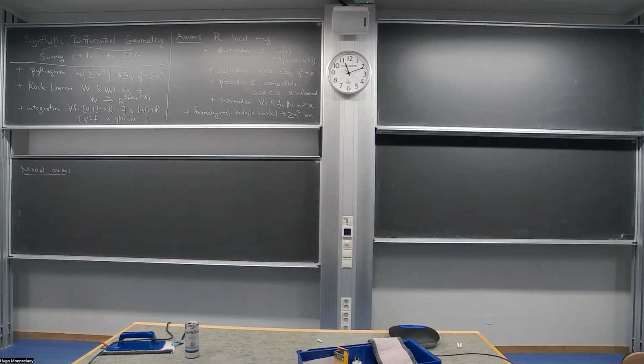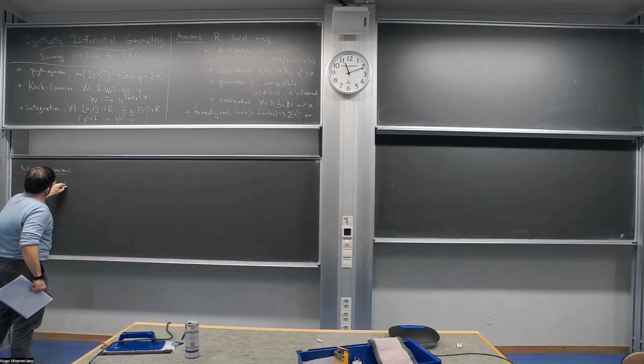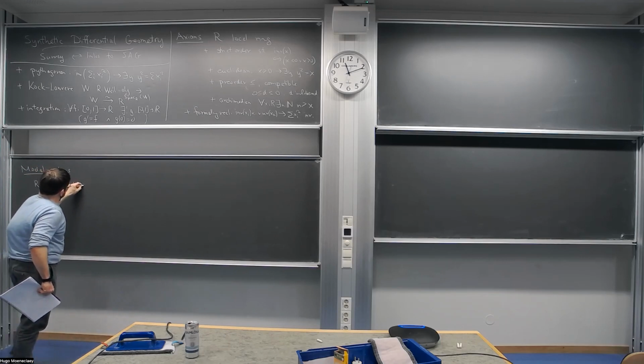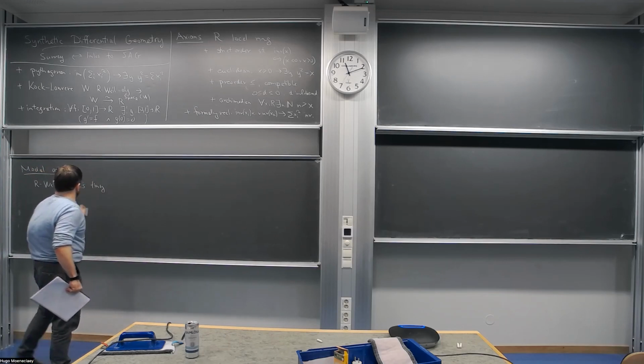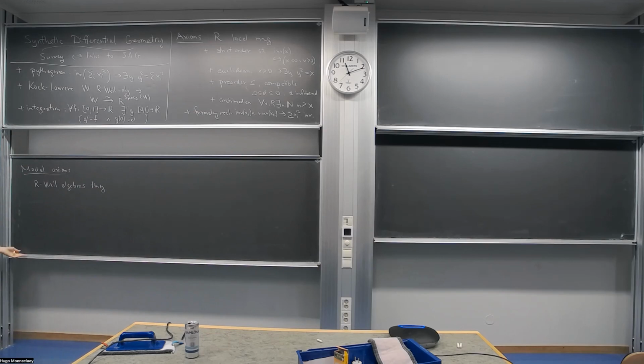Let's see. What are some modal things you can do? Well, one is that the Weil algebras are tiny, and this is part of the definition.